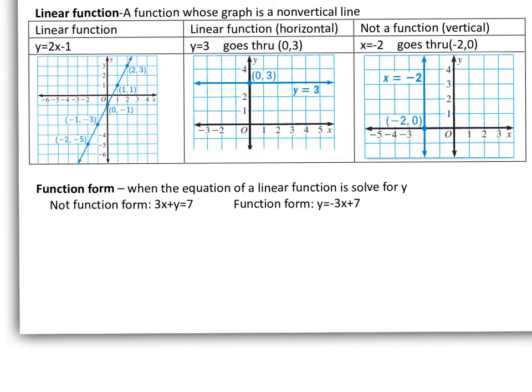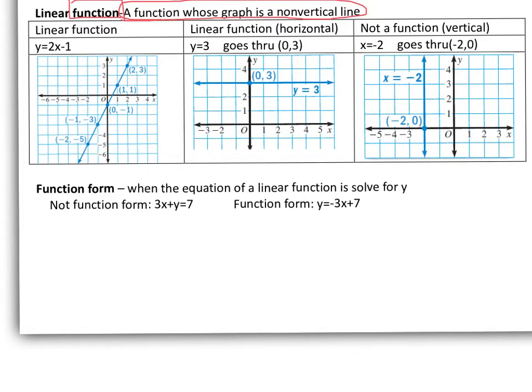A linear function just means a function whose graph is a non-vertical line. Remember in 8.1, a function just means for every input there is exactly one output. The input, the value of x, cannot repeat.